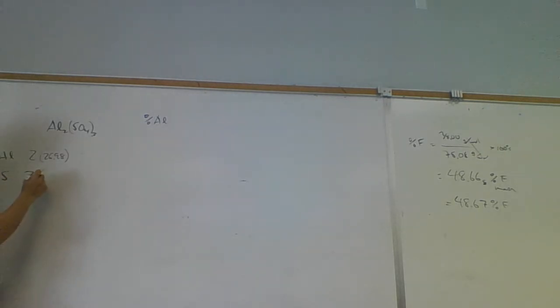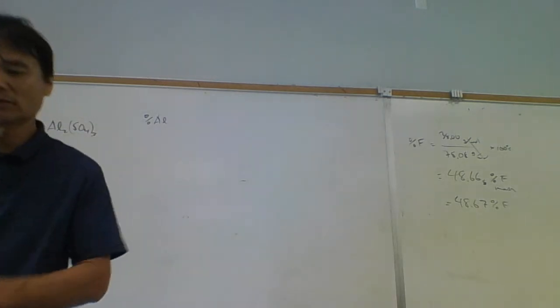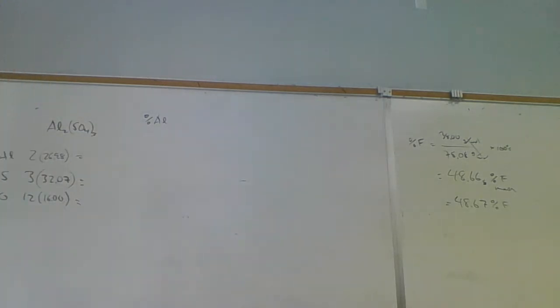It's going to be 3 times 32.07. And how many oxygens do I have? 12 oxygens. It's going to be 12 times 16.00.